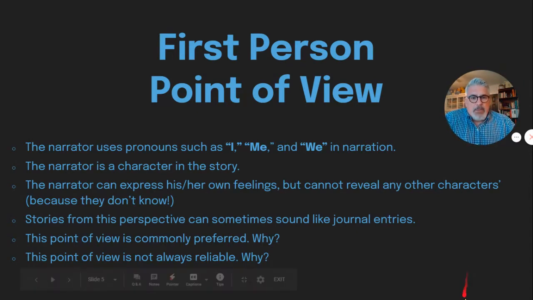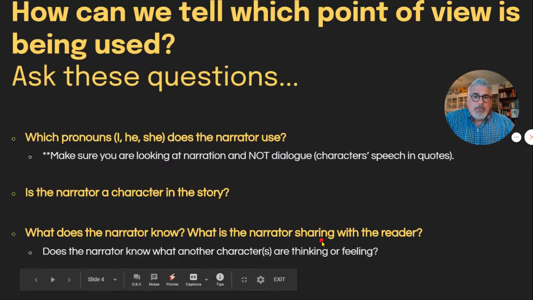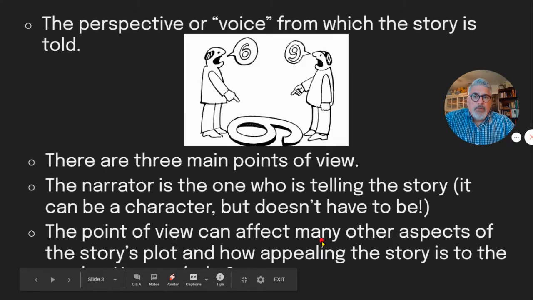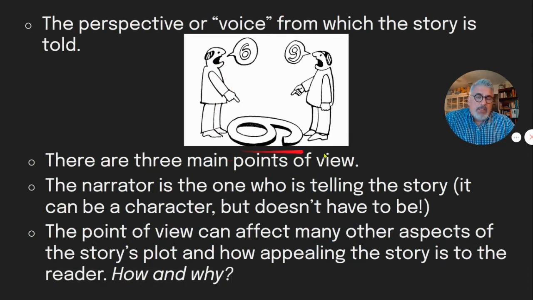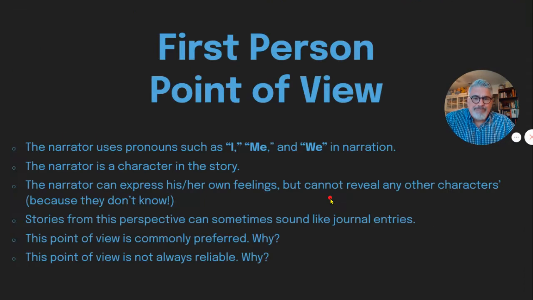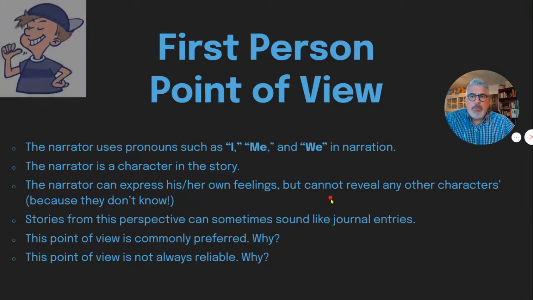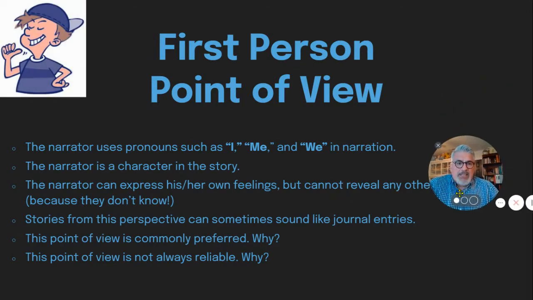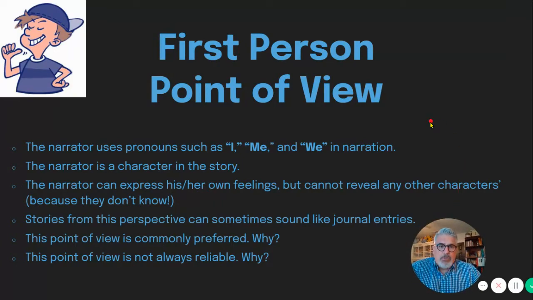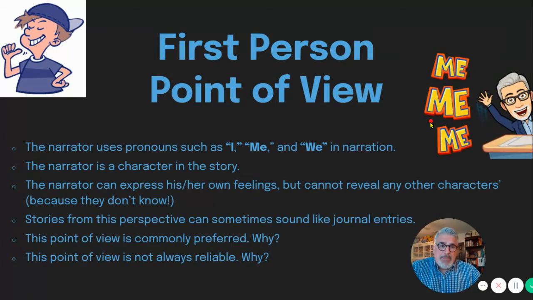If you remember the picture that we saw a couple of minutes ago, this is why it's not always reliable, because you're going to have your own perspective and you are only going to be able to see either a 6 or a 9. Well, that is the first person point of view. So everything is going to be about me, me, me.